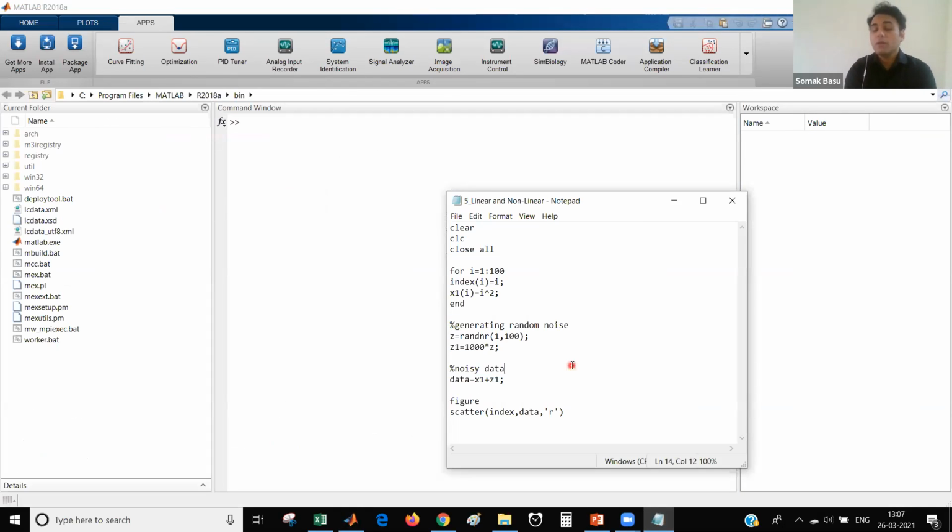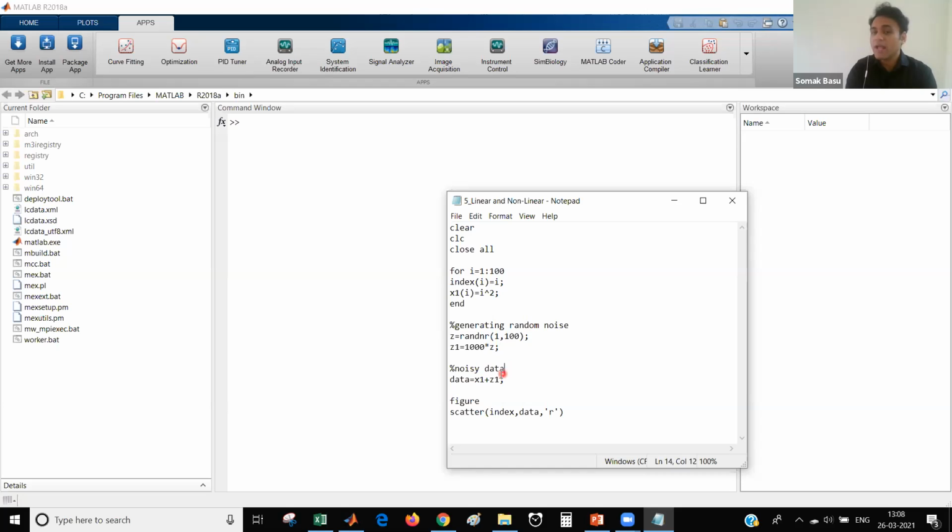So for example, if we look at a non-linear model, in this case, see, I have initialized a loop for i equal to 1 to 100, index i, x is equal to i square. Then I'll generate some random numbers. Rand n r will generate random numbers. I have multiplied the random numbers by 1000 so that I can add some noise or some disturbances to the data.